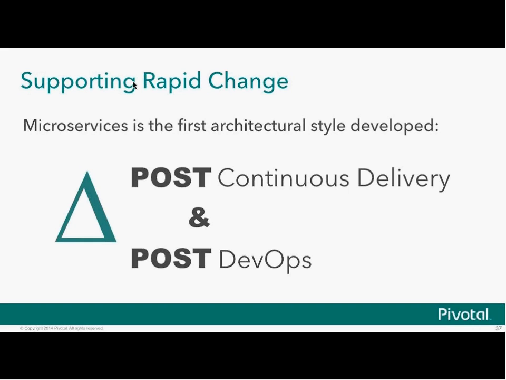And it's really the first architectural style that has shown up post the continuous delivery conversation, post the DevOps conversation. So you take a bunch of teams that are thinking about the ideals of how do we do continuous delivery and how do we do DevOps, and you see the architectural styles that they're developing. And in many, many, many cases, what's popping out is what we're now calling microservices.